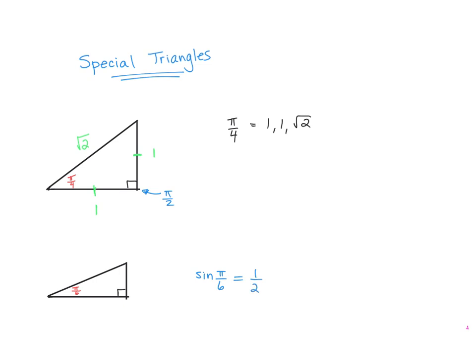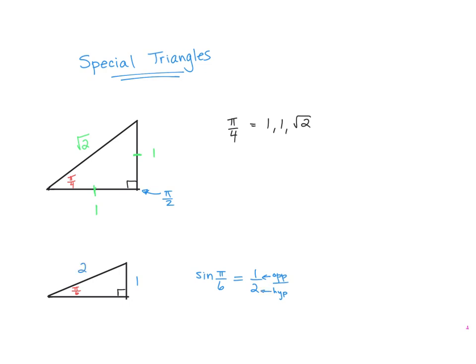So let's use that value. Sine of pi by 6, we know sine is opposite over hypotenuse. So if my opposite side is 1, my hypotenuse is 2.